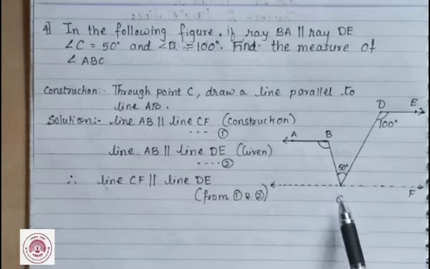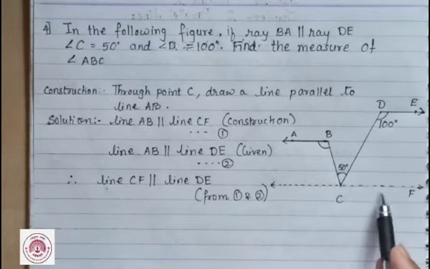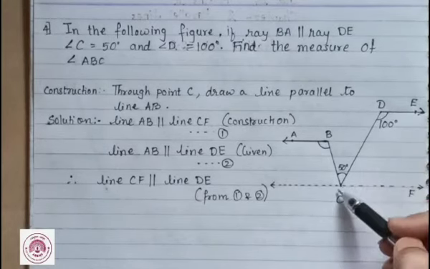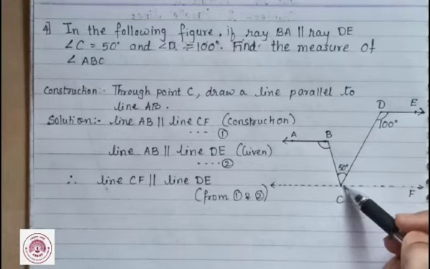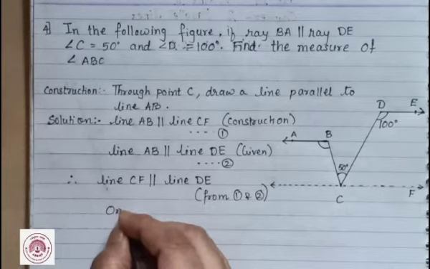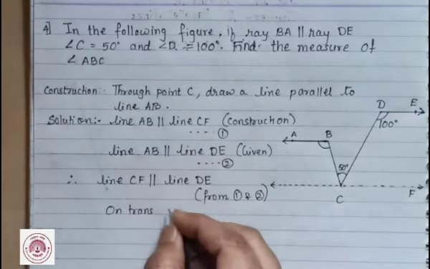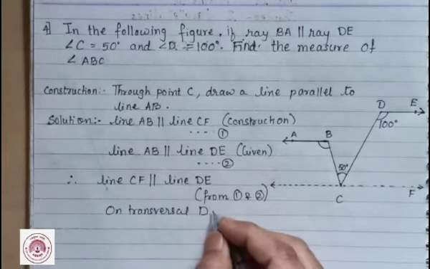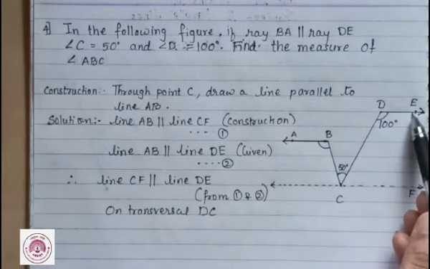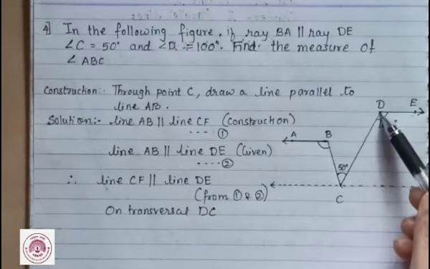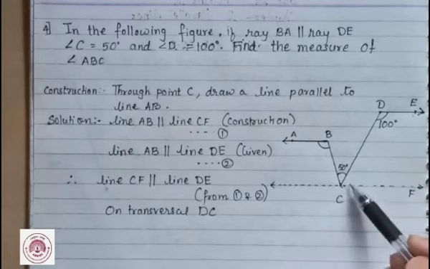Now we have proved that line CF is parallel to line DE, and here DC is a transversal. So on transversal DC, angle EDC and angle DCF, these two angles are interior angles.